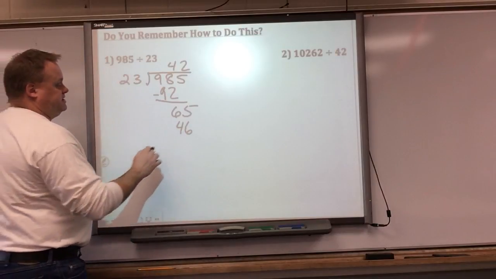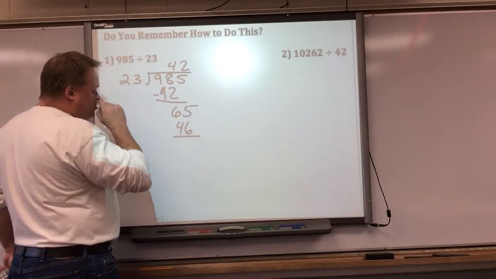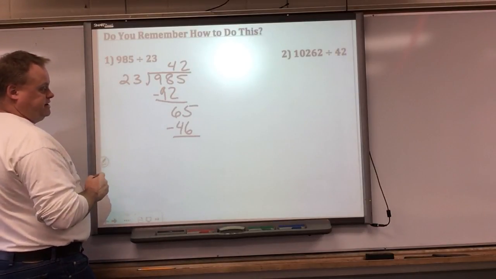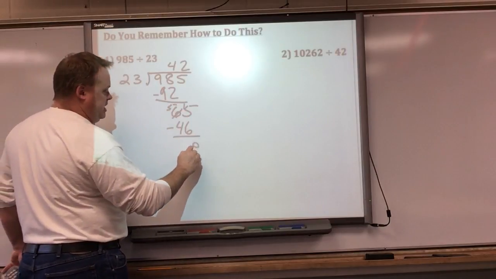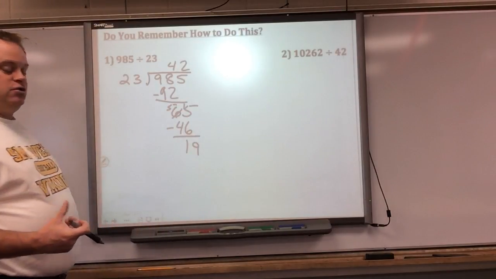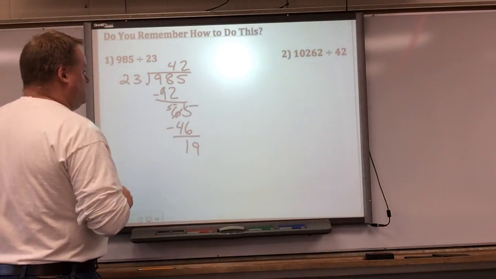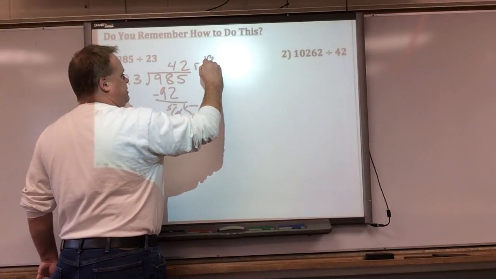So 23 goes into 65 twice. 2 times 23 is 46. I'm going to subtract. What is this going to be? Carry the 1. That's going to be a 9. 19. So I have 19 left over. Well, remember, how do we write that? So we write that 42 remainder of 19, right?